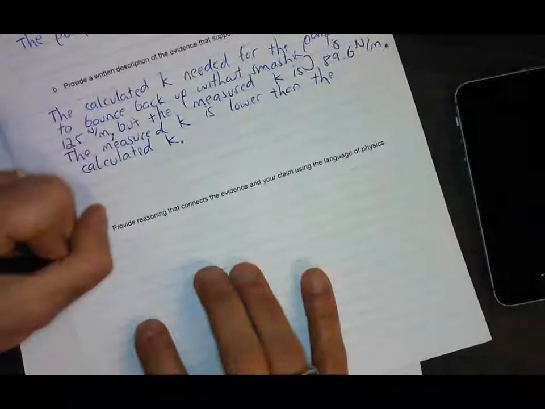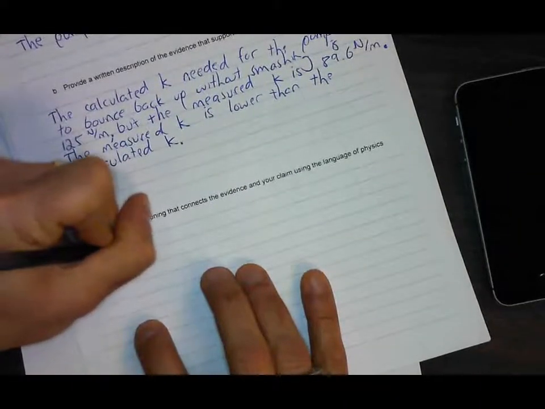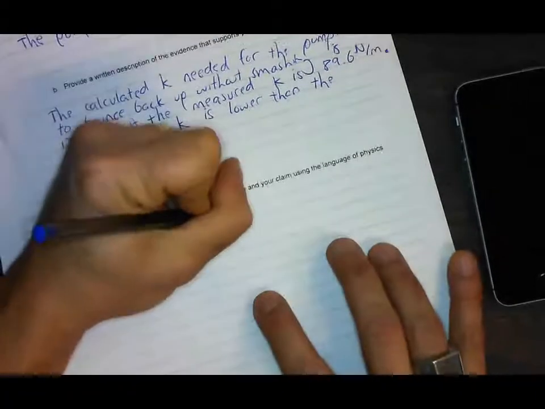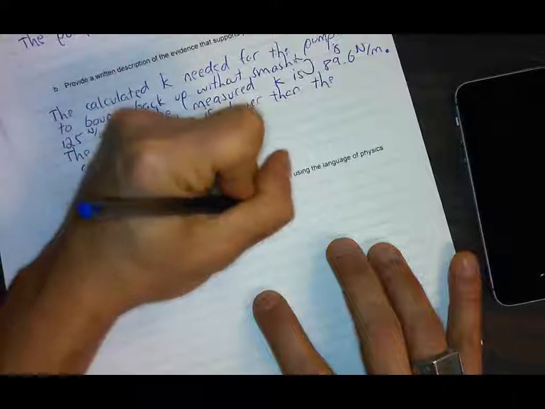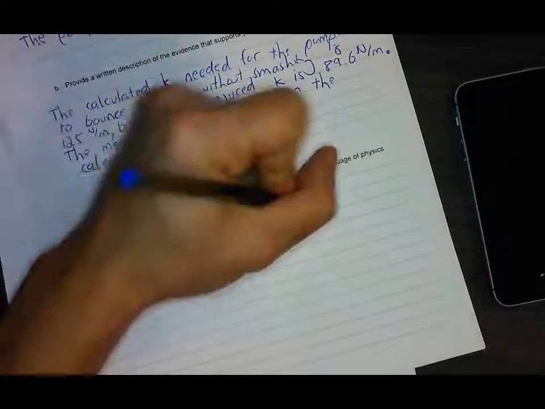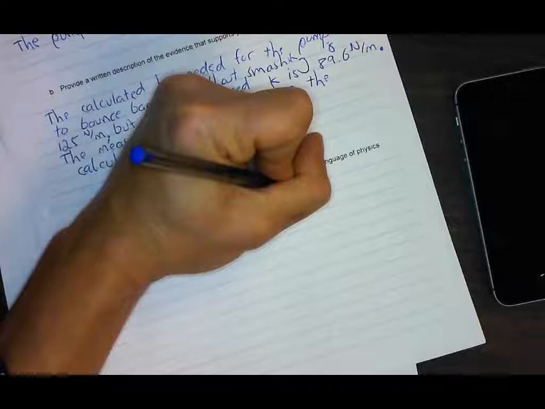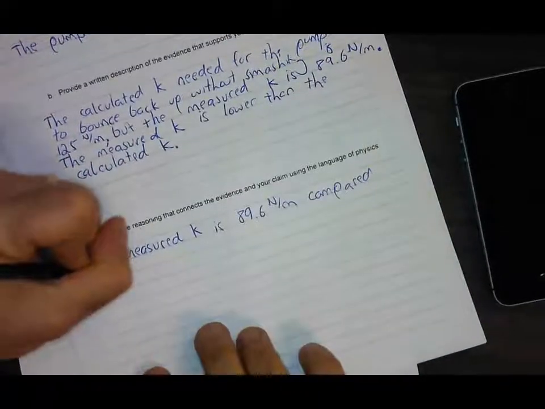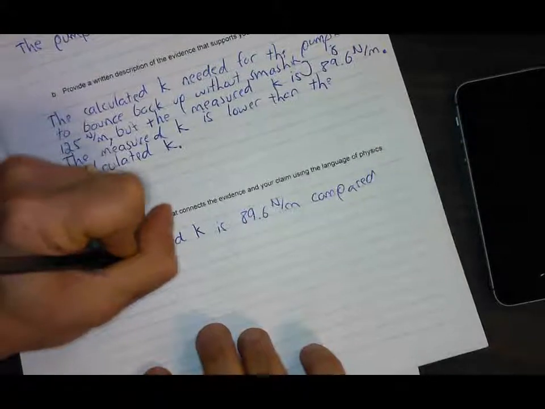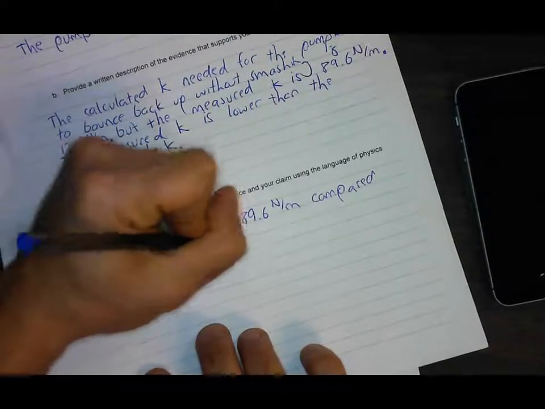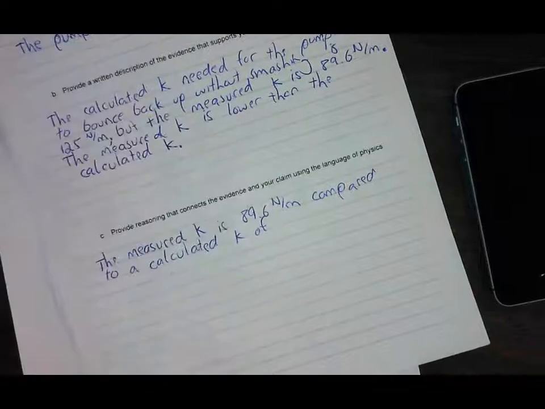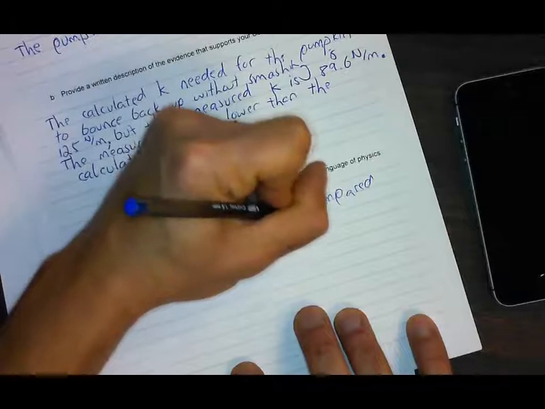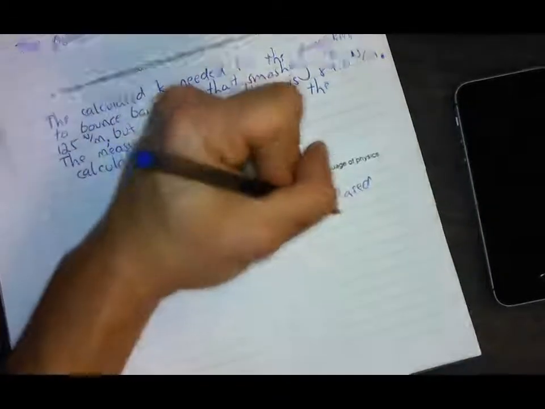So the measured K is 89.6 newtons per meter. Okay. Compared to a calculated K of 125 newtons per meter. So I'm going to restate my evidence just in a much shorter way.